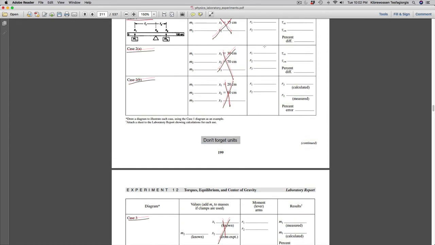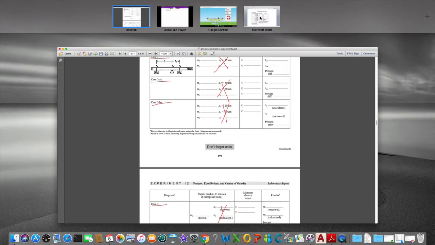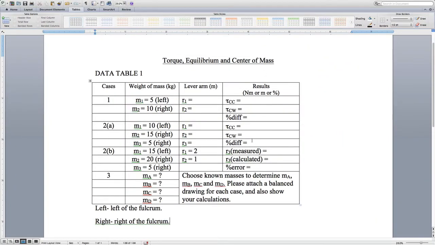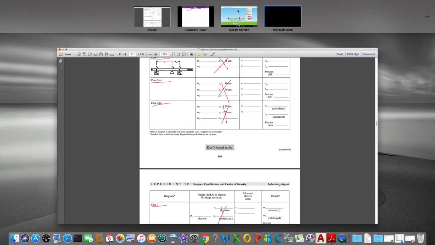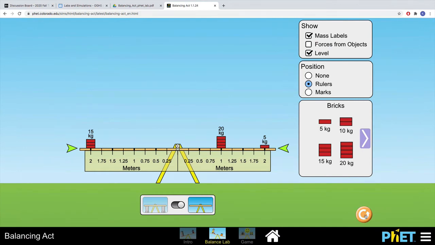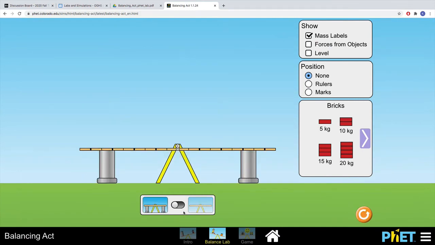For the first case, I want you to look at my table, which is very similar to what we have there. The first step is you look at your data. I want you to balance a 5 kilogram and a 10 kilogram mass. For this one, you will open the simulation, put it on the balance side, and if you want, you can have a level.